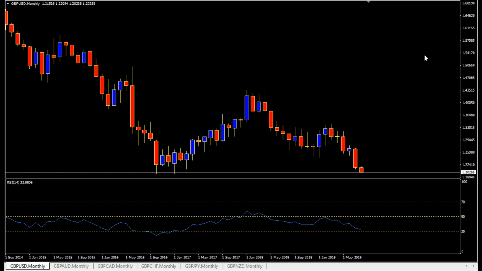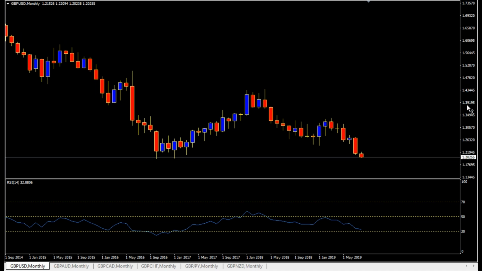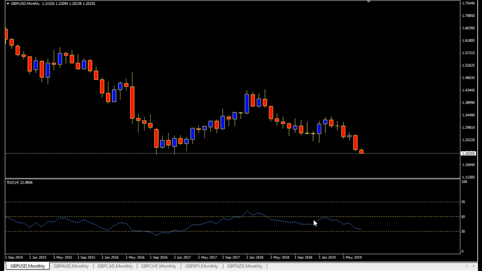But most likely, because the RSI is going down and for the last 6 months the market is going down, I think for another week it will go down again. So let's now look at the other charts.